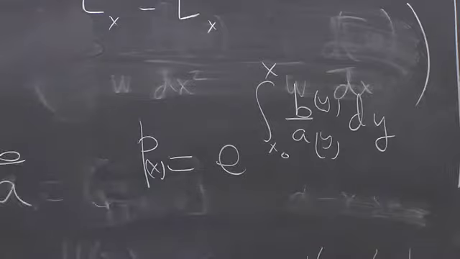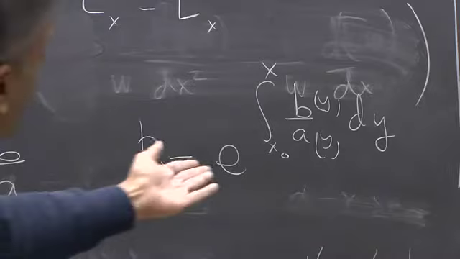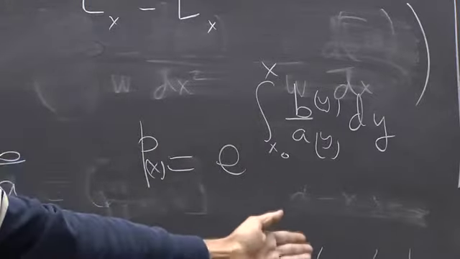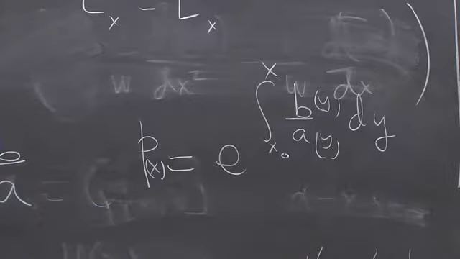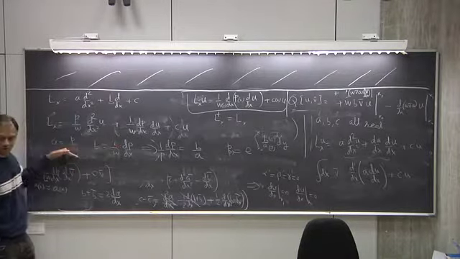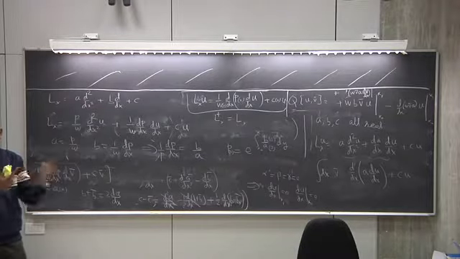Of course, this can always be done: for any B and A, I can find a P given by that equation. But that doesn't imply that A is equal to P over W. Here we just took the ratio, which is only one combination of these two equations.